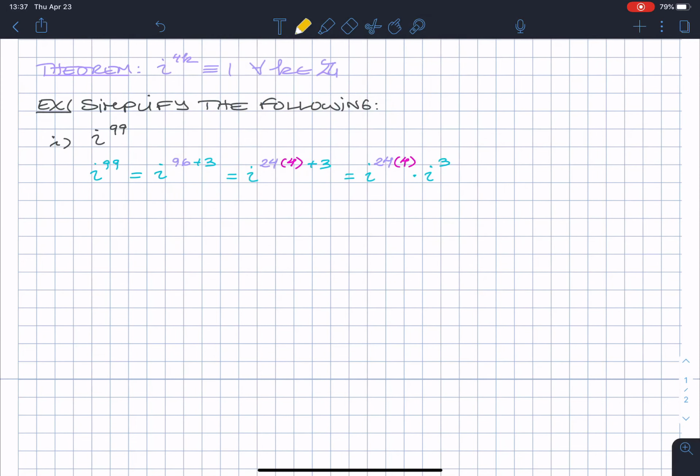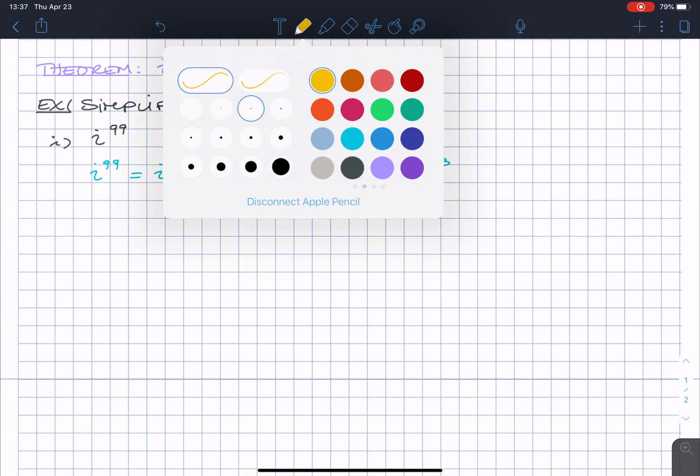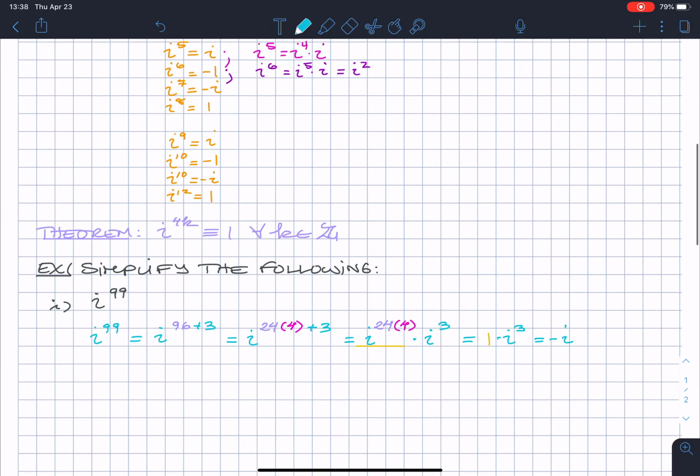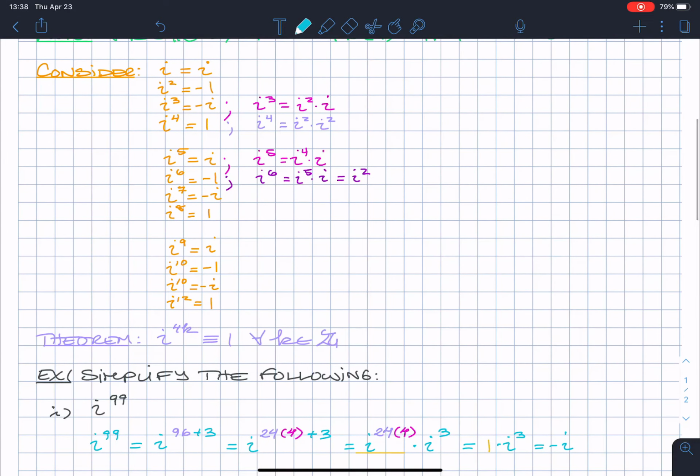Well, what's interesting about any integer multiple of 4 in the exponent is it's the same as 1. So this is really just 1 times i cubed, as long as it's a multiple of 4. So i cubed we know is -i, according to the first few powers.